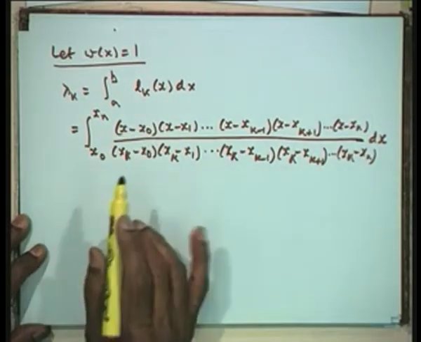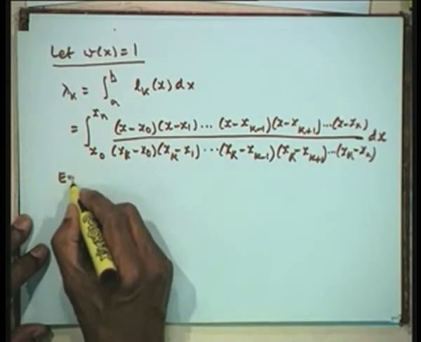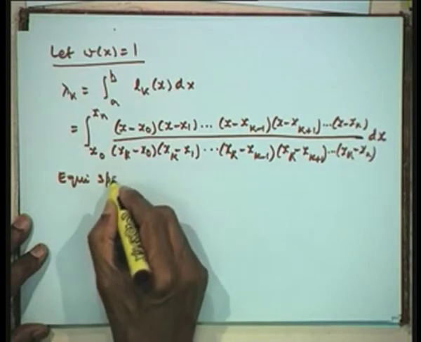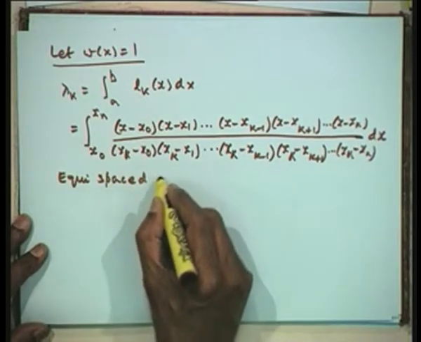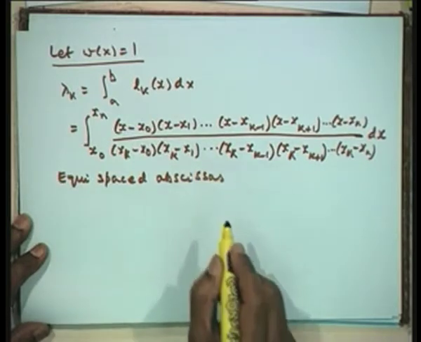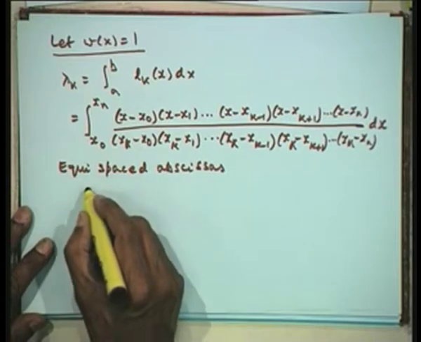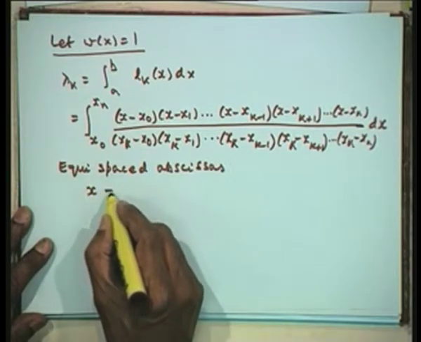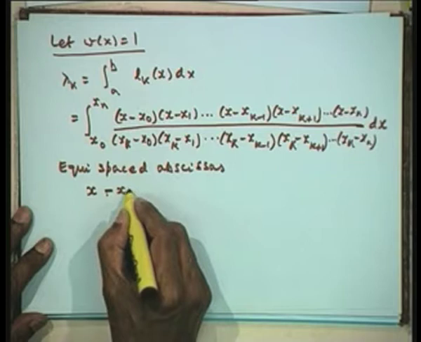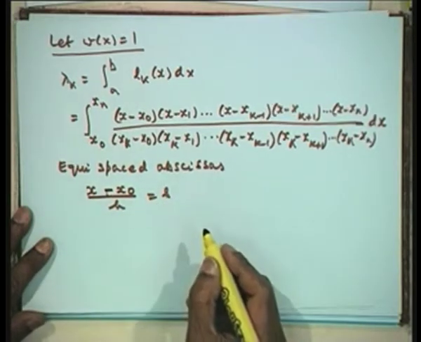Now, I will assume that we are taking the equispaced abscissas, and let us define x minus x naught by h is equal to some s.